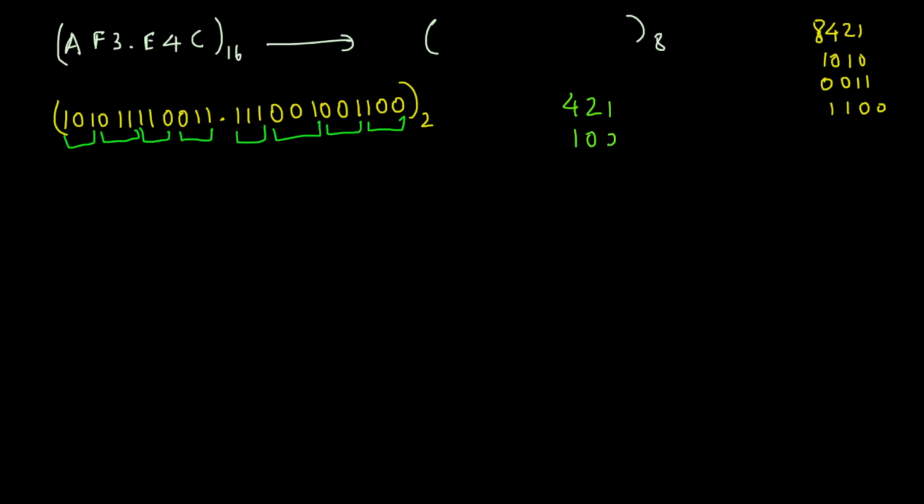So this is 1 0 1, which is a 5, and then 0 1 1, which is a 3, and then 1 1 0, which is a 6, and then 0 1 1, which is a 3, and then the fractional part, 1 1 1, which is a 7, and then 0 0 1, which is a 1, and then 1 0 0, which is a 4. So 5363.714 is the conversion of this hexadecimal to octal.